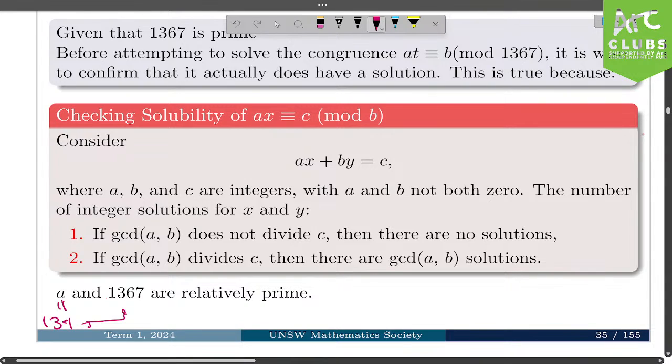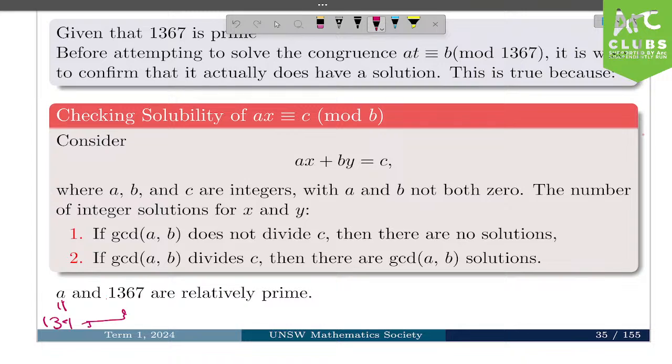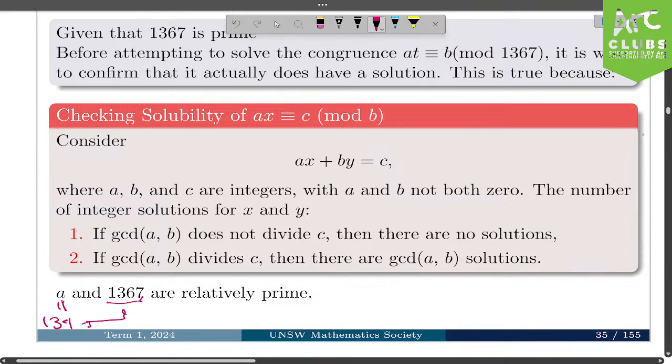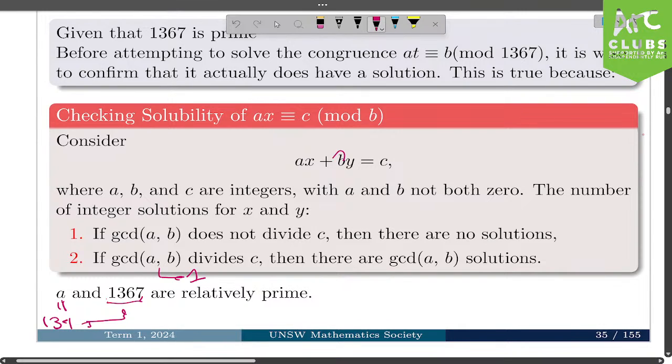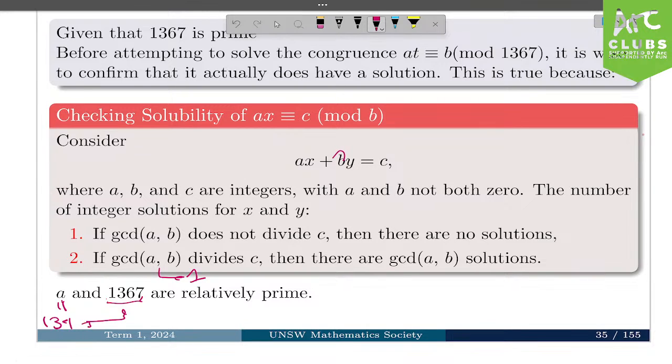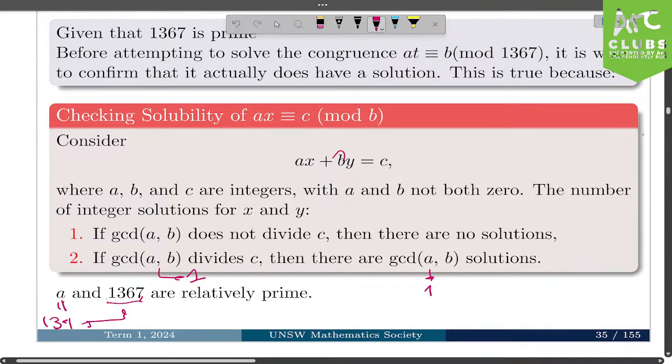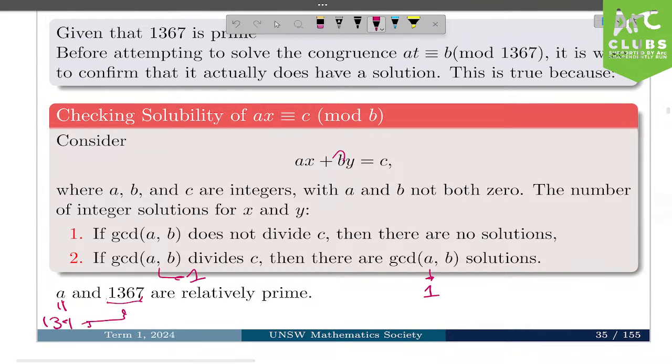So since this is our A, and 1367 is our B since it's the mod, we note that the GCD is just going to be 1. And 1 obviously divides any integer. So there will be solutions, and since they're coprime, the GCD is 1, and there will be one solution here.